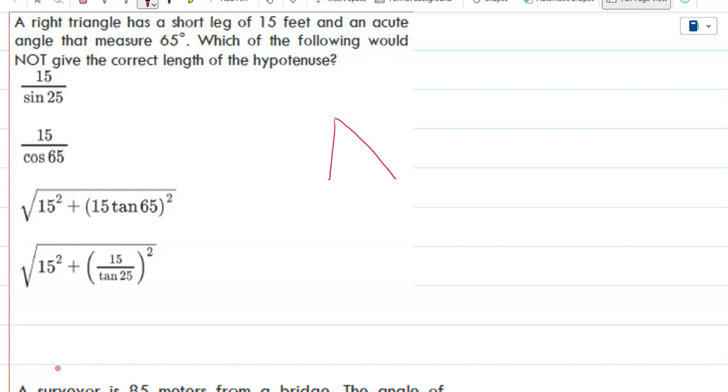Okay, a right triangle has the short leg, 15 feet, and an acute angle that measures 65. So the angles in this triangle are going to be 90, because it's a right triangle, 65, and the other one.